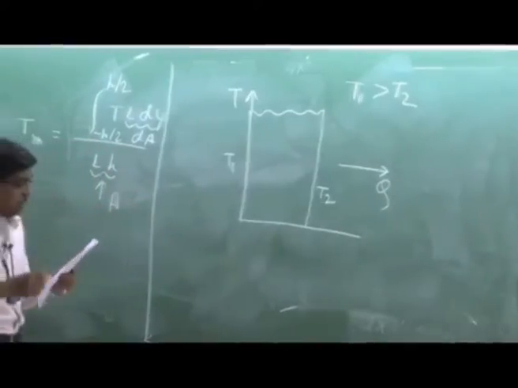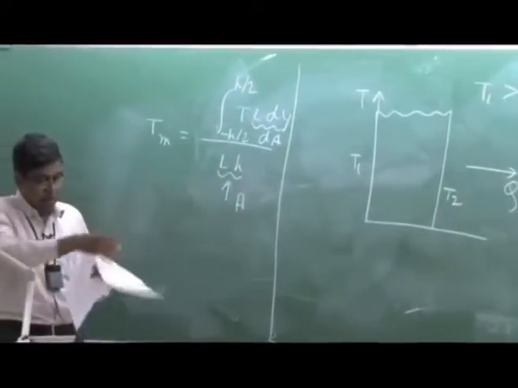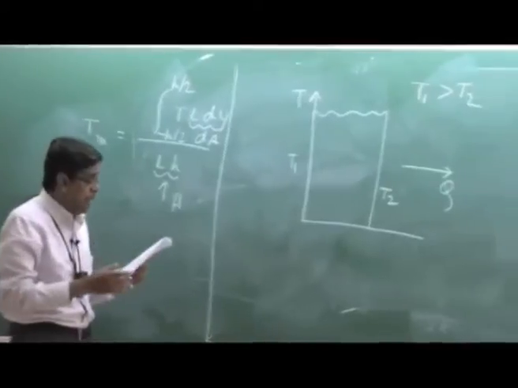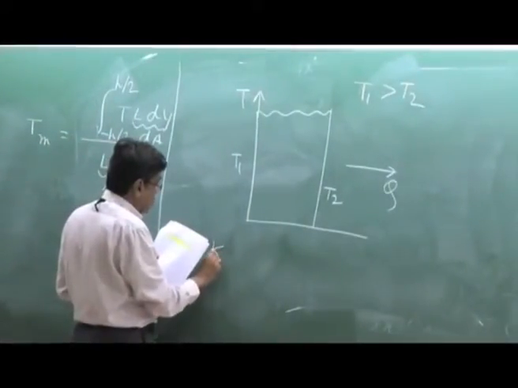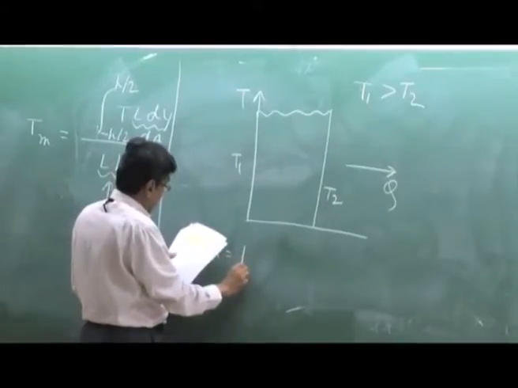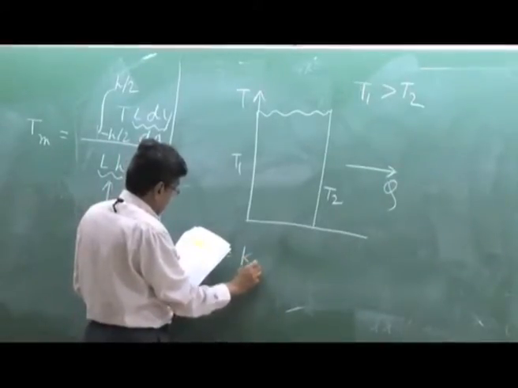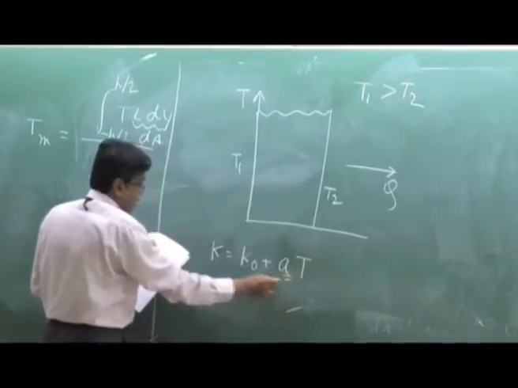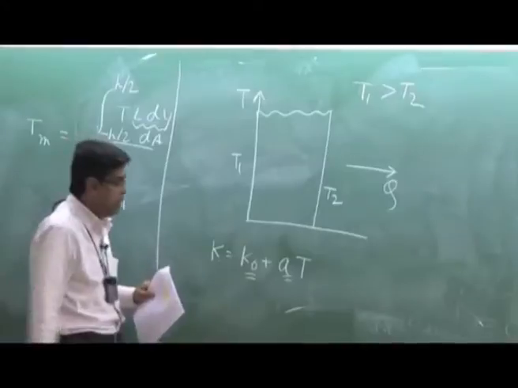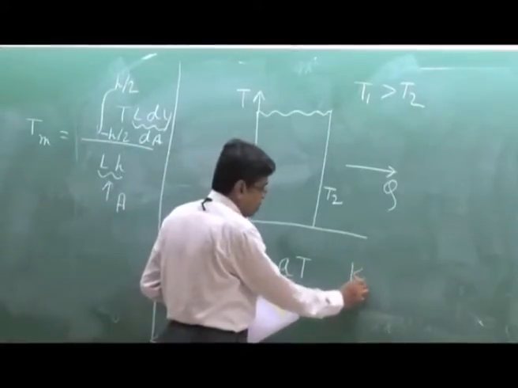Now the problem is this: the thermal conductivity of this plane wall is given by K = K0 + A T, where A is a constant, and K0 is a constant which is greater than 0.